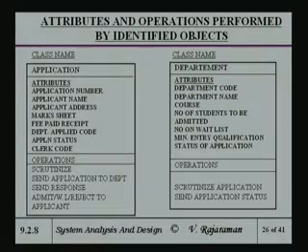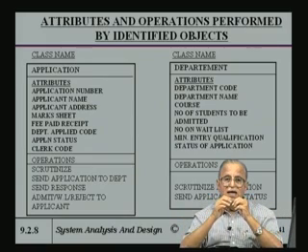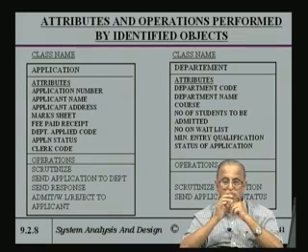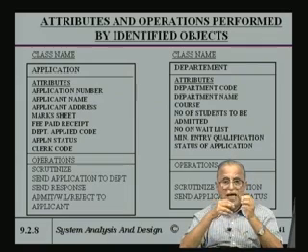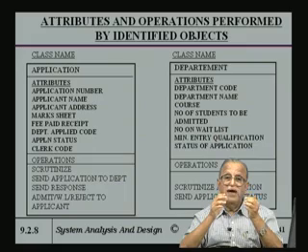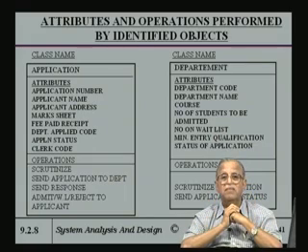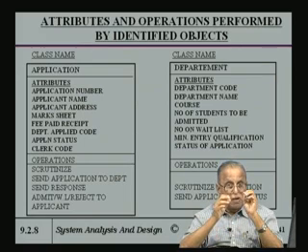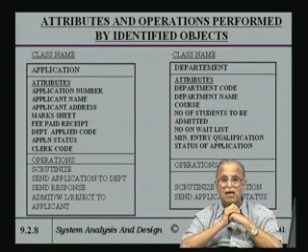Now I added the clerk code there in the application, mainly because normally you would like to track down which clerk scrutinized which application. The reason being, suppose there is a problem later on, and you would like to find out who did this job. Suppose a fellow has goofed up, and you should be able to pinpoint responsibility. That is the reason why we put the clerk code there.